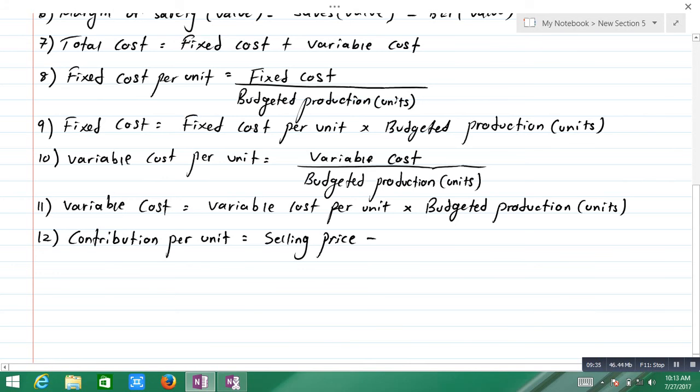Number thirteen, CS ratio is contribution per unit divided by the selling price. That will give you the CS ratio.